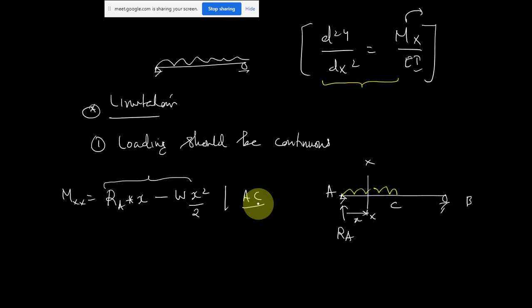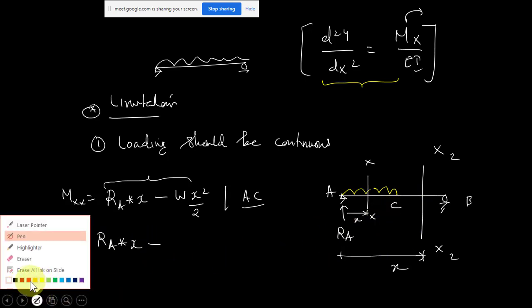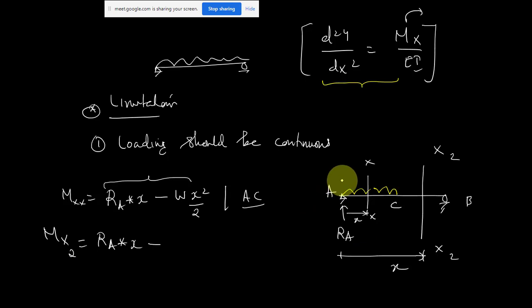Once you cross this section AC, suppose your section is here in CB, this is X now, and here this equation is not valid. The equation will be something different. Your moment equation for this section will be Ra into X minus the UDL moment. Suppose you take this length as small l.